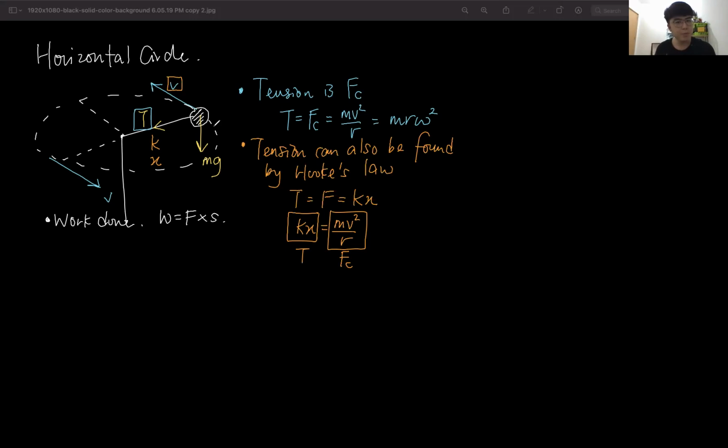So if the object is moving in a circle, is there any work done? The force is the centripetal force, which is pointing towards the center, correct? That is my force direction, pointing towards the center. But where is it moving? It's moving in the tangential direction, the linear velocity.